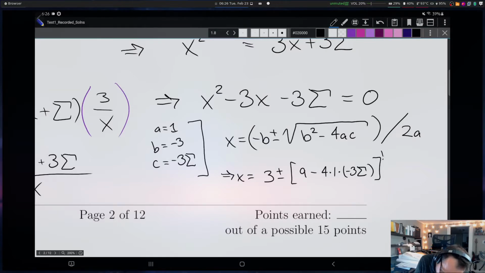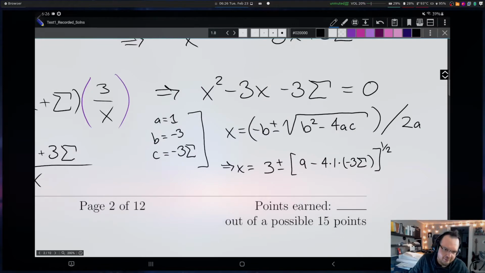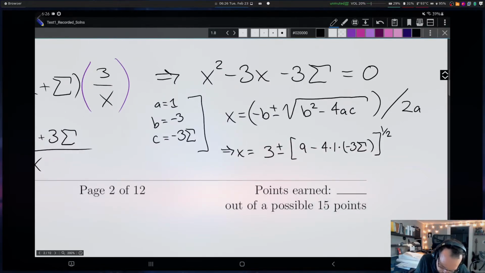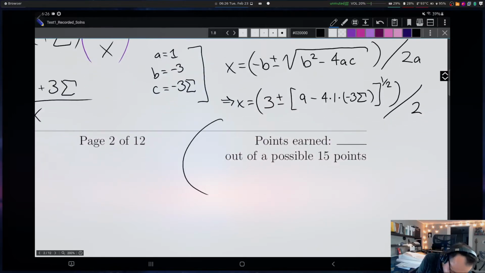Maybe I'm just using a slightly different notation here. I'm just going to say we're raising that to the 1/2 power to avoid having to draw the square root in a weird way. Remember that these are the same thing. And then I need to divide this entire thing by 2a, but a was just 1, so I see a 2 there. Maybe I could simplify this a tiny bit, but I think that's pretty much as simple as it gets.